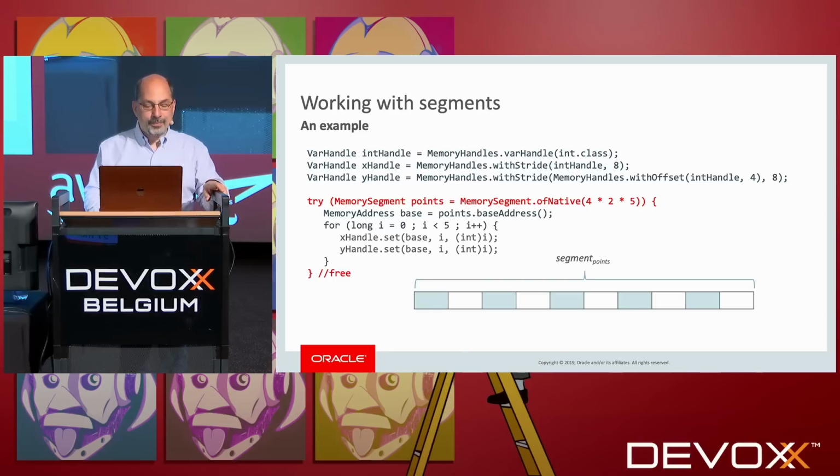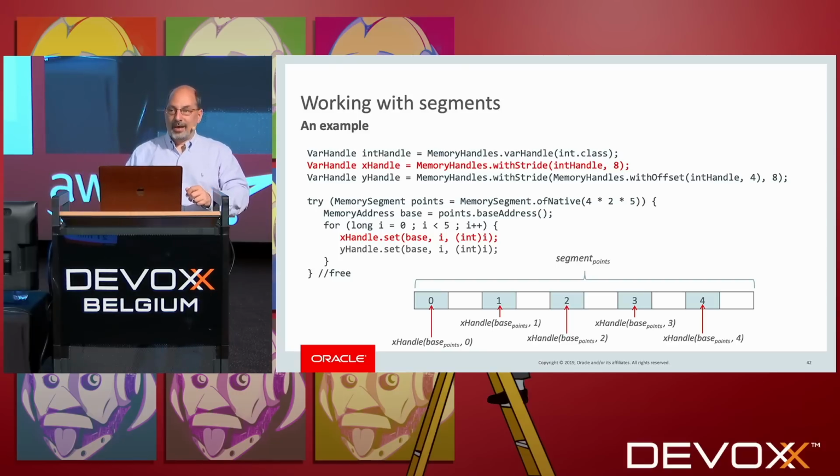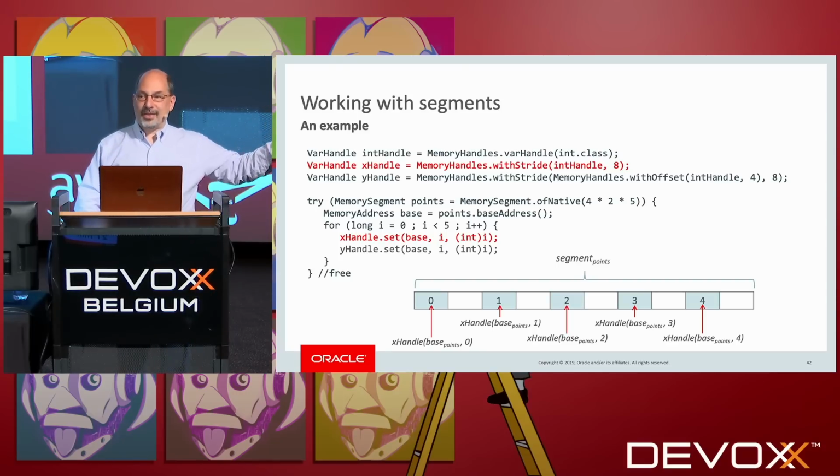And then in our loop, we start at the base and call set on the var handle, which is going to write into memory, and we're giving it the base of the segment, the memory address, the index, which is our loop index, and the value to write. And so we're going to write i into the ith element of the array.